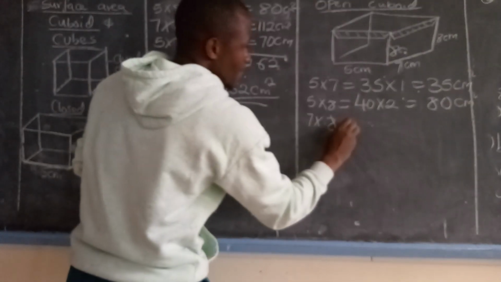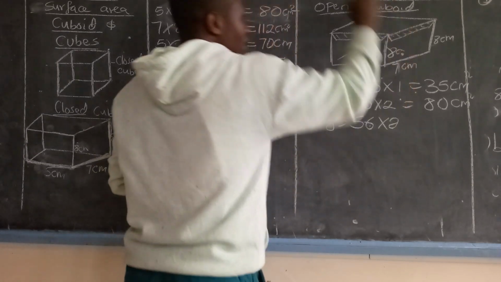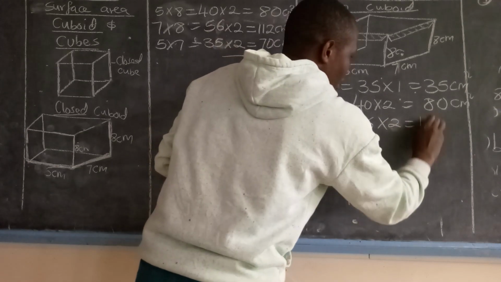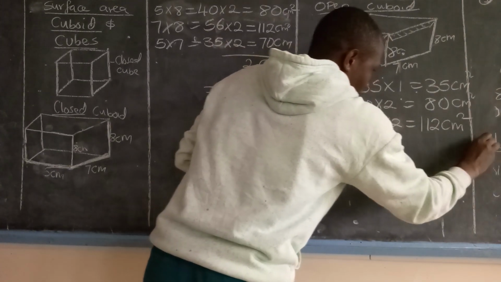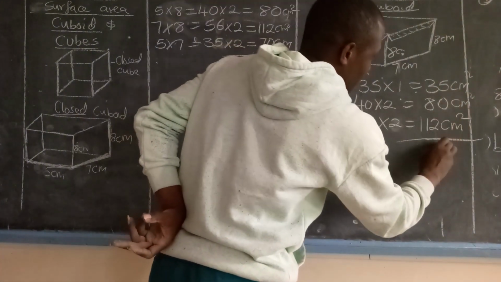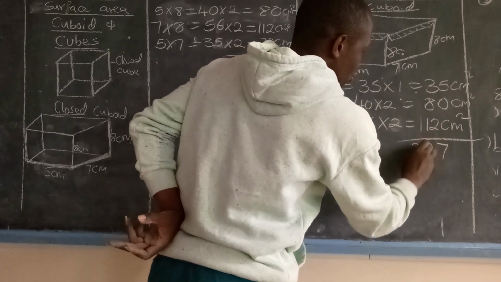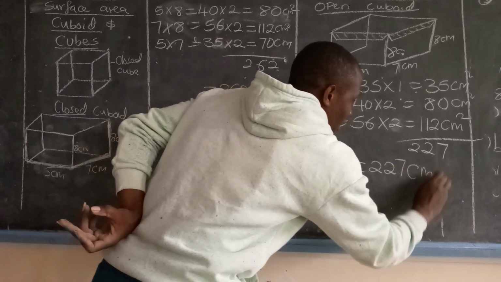It is 56. Multiplied by 2, because there are 2, you get 112 centimeter square. Then you add. 5 plus 2 plus 0 is 7, 1 plus 1 plus 8 is 11, 12, and this is 2. So it is 227 centimeter square.